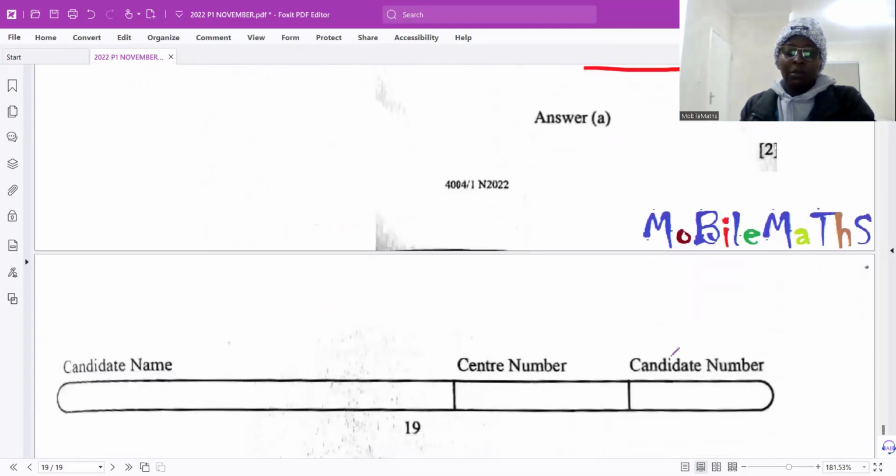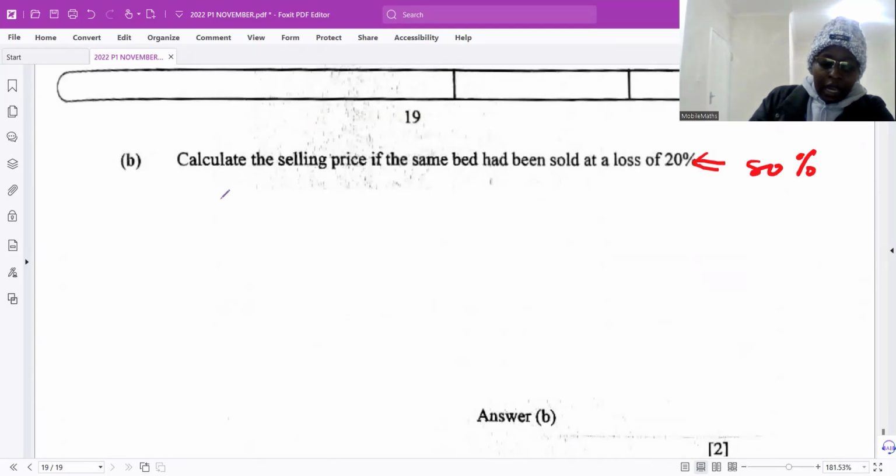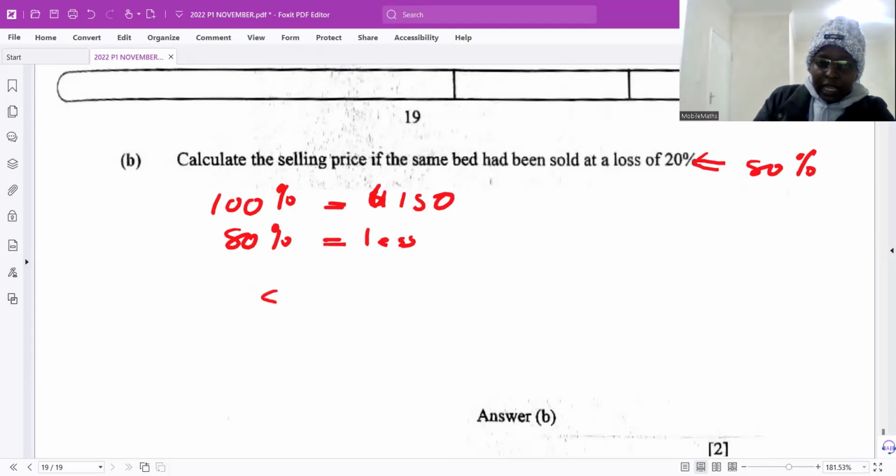Okay, let's move on to the next question. Calculate the selling price if the same bed had been sold at a loss of 80%. So if we say at a loss of 80%, we are getting 80% of the money. So 100% is our $150. What about 80%? It's gonna be less. So I can say 80 divided by 100 times $150.